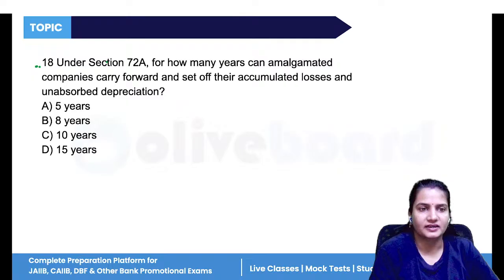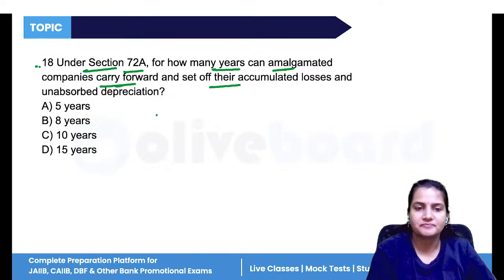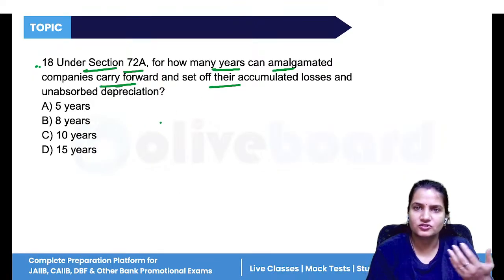Now, question number 18. Under section 72A, for how many years can amalgamated companies carry forward their accumulated losses? Suppose a company has faced a huge loss, and that company is being acquired by another company.